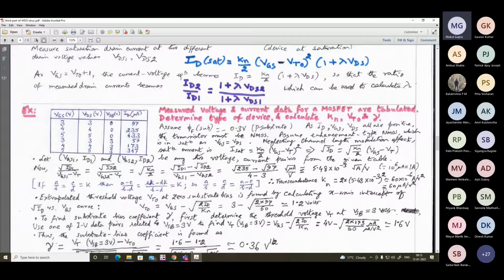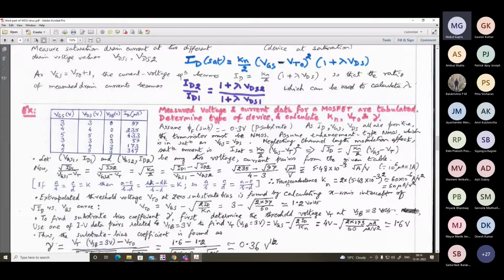And note down the unit, dear friends. Here the current is expressed in microampere and the voltages are in volts. So the unit associated with transconductance will become microampere per volt square. So you need to keep the unit in mind. Here I have written root over microampere per volt, so if you square it up, it becomes microampere per volt square.